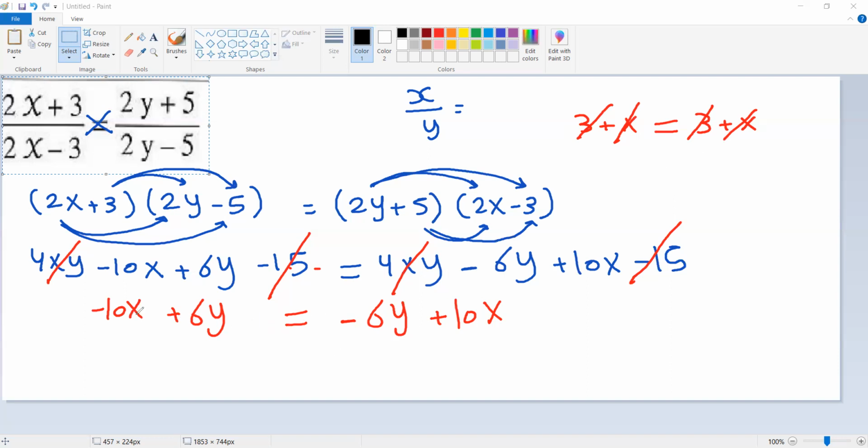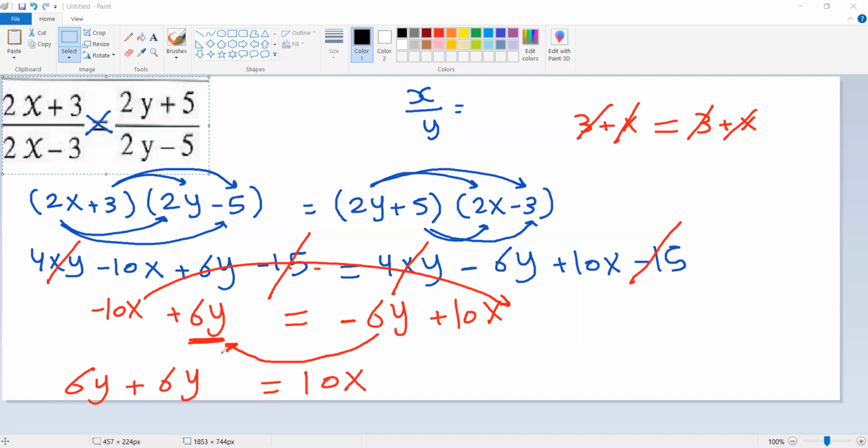After that, collect like terms. So we can move negative 6y to this side and move 10x to this side. So 6y stays here, and the negative 6y is moved to this side, it will be plus 6y equals 10x, and minus 10x will be moved with a different sign, plus 10x.